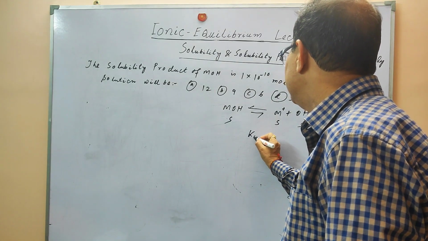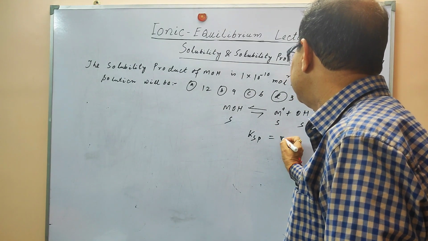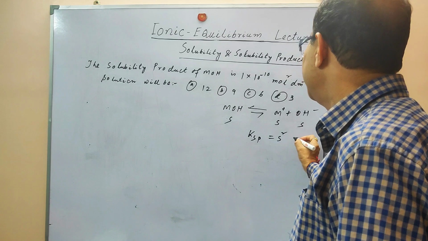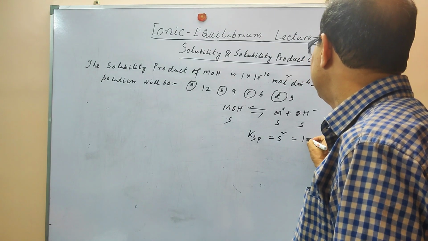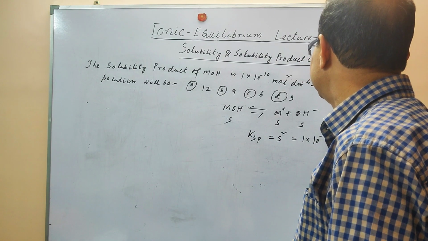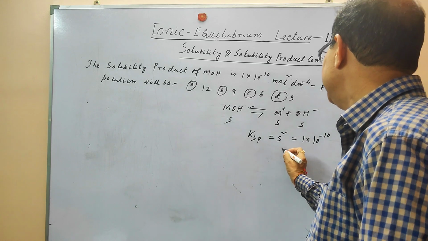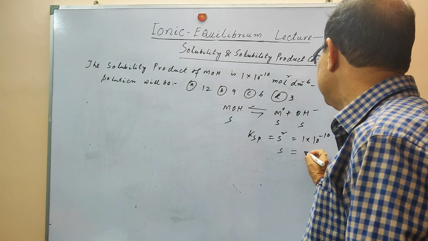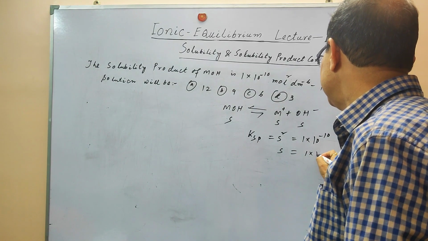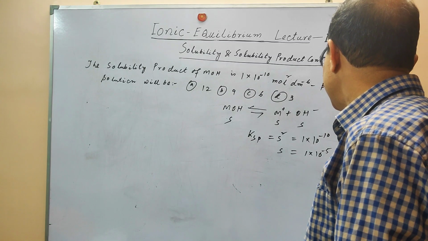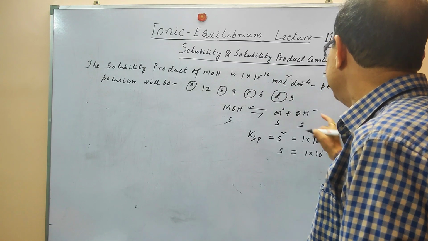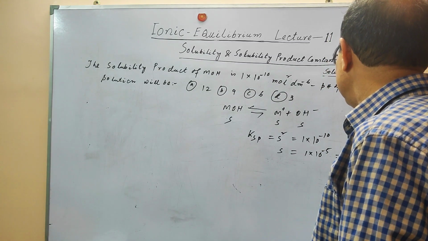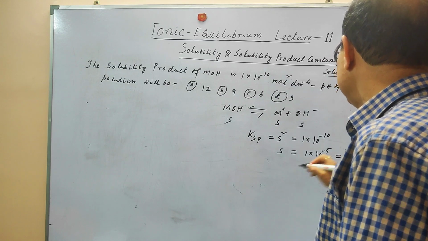So we know Ksp is equal to S square, and this is given as 1 × 10^-10. So we get S equal to 1 × 10^-5, and that will be the molar concentration of OH minus ion.